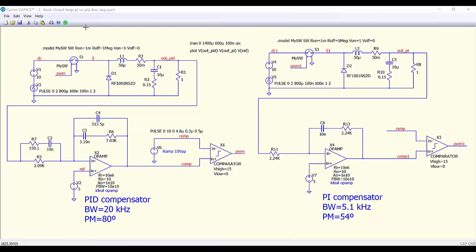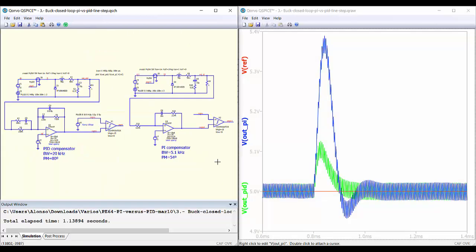So now we can run the simulation, and here we can see the response of both compensators. In blue we have the response of the PI compensator, so we are getting a steady state. At this point is the point at which we are doing the step up of the input voltage.